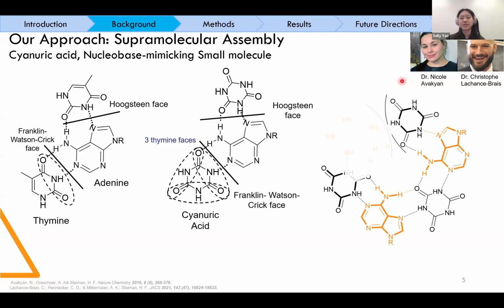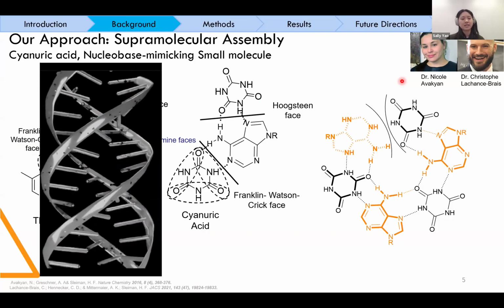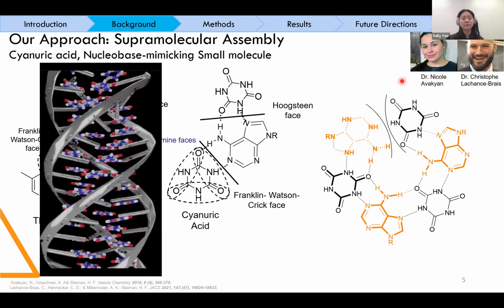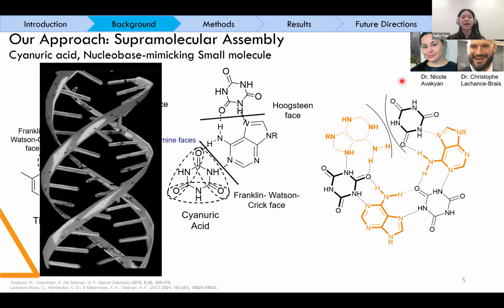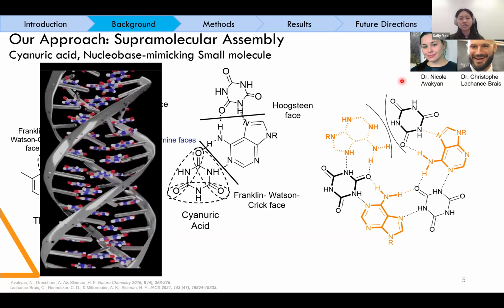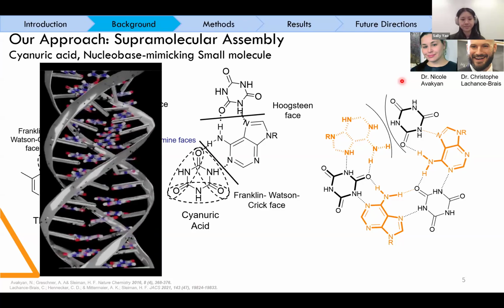With the presence of cyanuric acid and adenines, it forms a continuous hydrogen bonding network, shown here. From this animation, you can see that cyanuric acid acts as a hydrogen bonding glue that brings three strands of polyadenine together to form this triple helix structure. Later in this talk, I'll refer to this structure as the triple helix or as fibers.